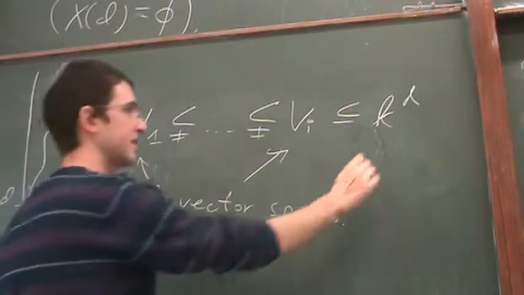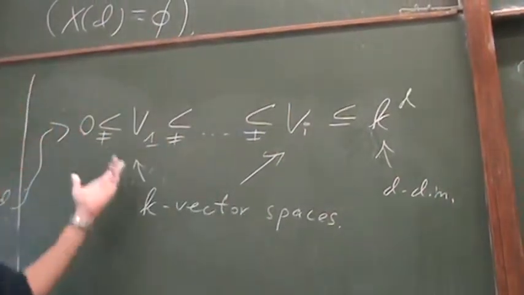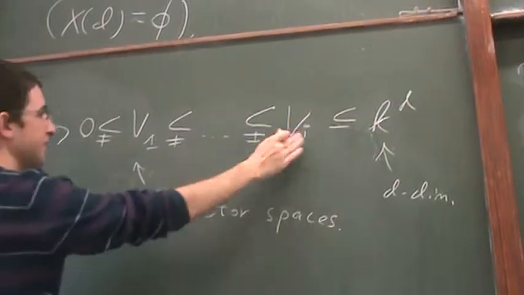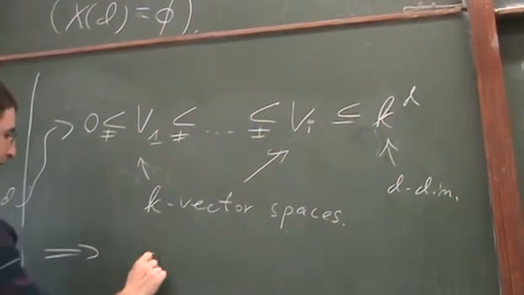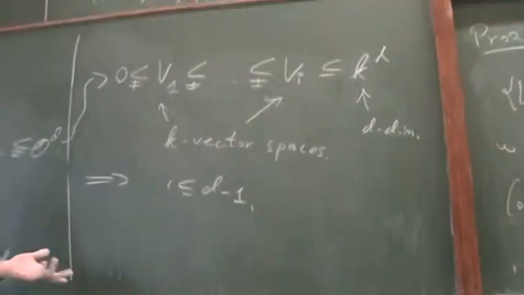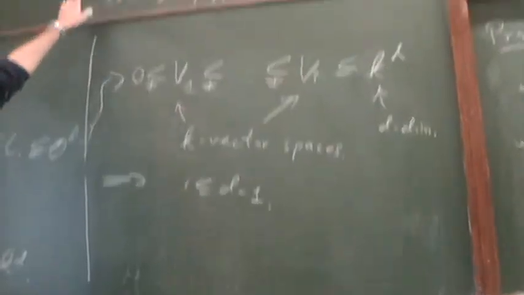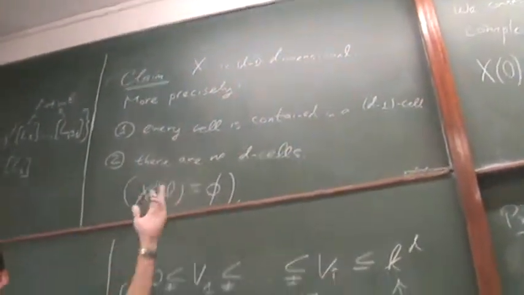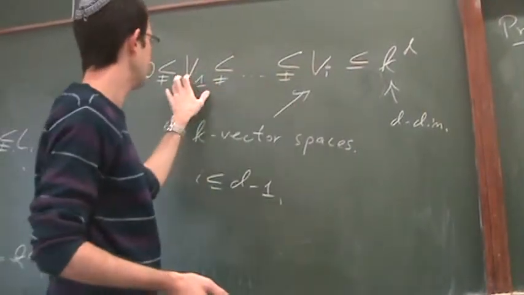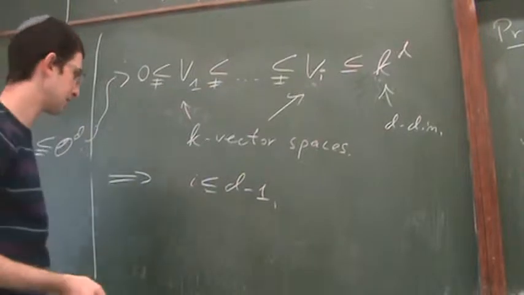Well, but this is d-dimensional. So the longest chain I could have is of length d minus 1. So this immediately implies that i is less than or equal to d minus 1. This actually proves part 2 of the claim here. So there are no d cells. It cannot happen. Otherwise, I would get a chain of length d inside a d-dimensional space.